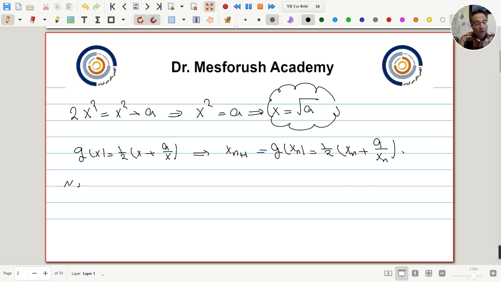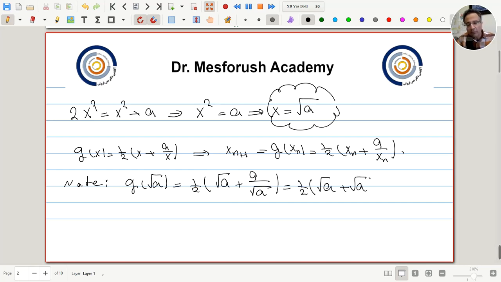Okay, note, if we compute g of square root of a, it will be 1 over 2 times (square root of a plus a over square root of a), and this is half of (square root of a plus square root of a), and this is square root of a. This means that square root of a is a fixed point of g of x.